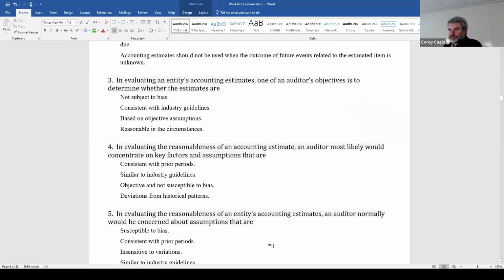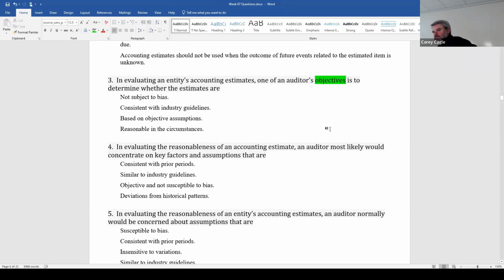Number 3. In evaluating an entity's accounting estimates, one of an auditor's objectives is to determine whether the estimates are... all right, so again, pay attention to the words and what they mean.